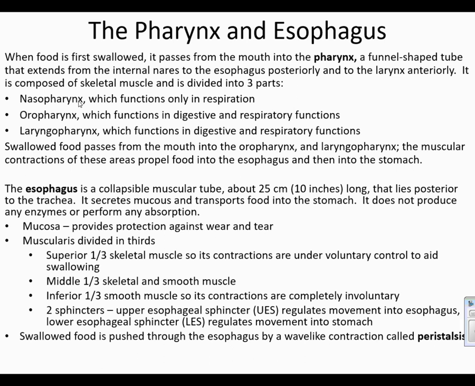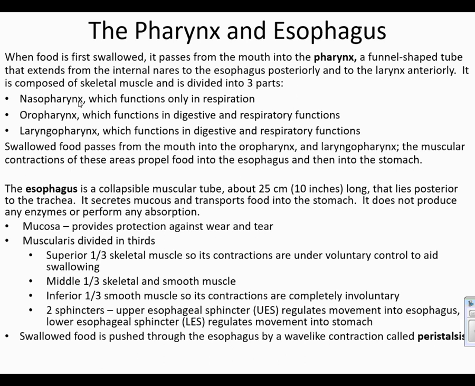It secretes mucus and transports food into our stomach. It does not produce any enzymes or perform any absorption. So you can think of your esophagus as just a conduit, meaning it connects your mouth to your stomach. It doesn't do anything else other than carry the food to our stomach.